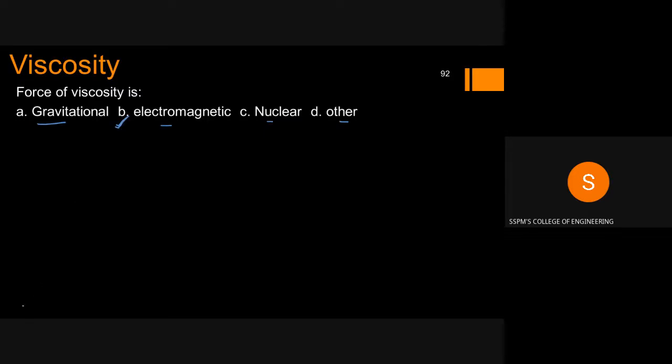Basically, that force is created because of interaction between the molecules. This layer tries to slide over this layer, so this is the friction between the molecules. So it falls under the electromagnetic, that is the molecular interaction.